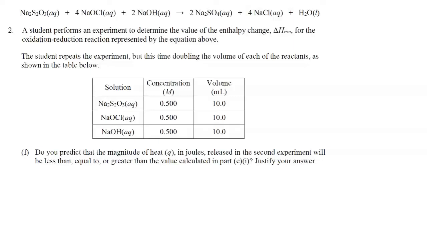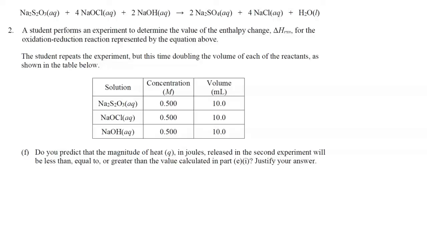And the units of Q are typically joules or kilojoules. Now, delta H, on the other hand, is the change in energy or the change in heat that is associated with a particular chemical reaction or a process. And the units of delta H are kilojoules per mole of reaction.